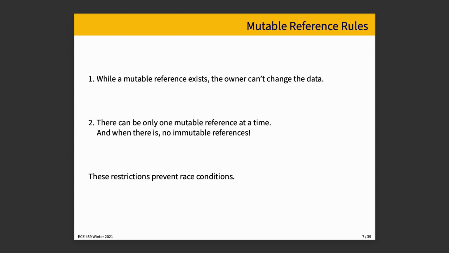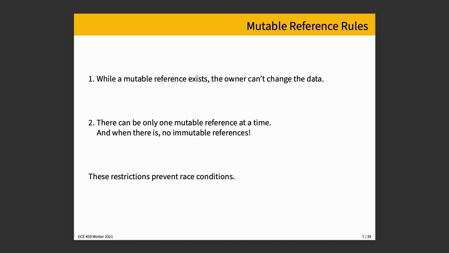As you will imagine, thinking to our previous discussions about how race conditions work, we have perhaps two concurrent accesses to the same memory location, one of which is a write. You can see how the mutable reference rules prevent this problem. Because if a mutable reference exists, there could be competing writes if you're allowed as the owner to change the underlying data, so that should be forbidden.